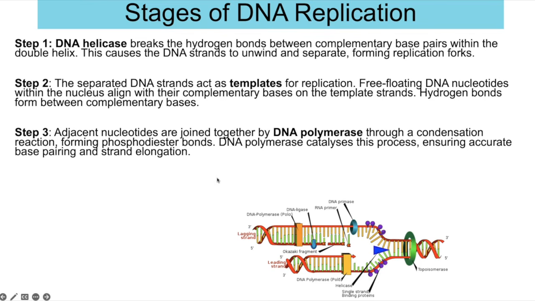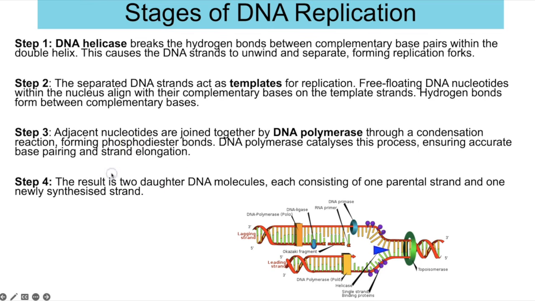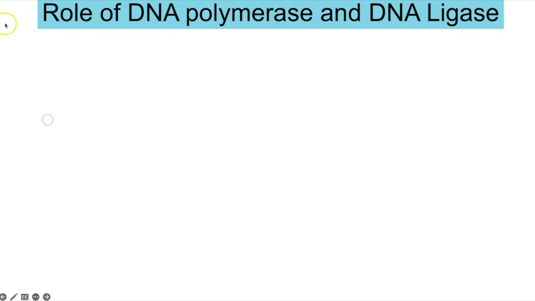And that is where the enzyme DNA polymerase comes in. DNA polymerase is able to join together those adjacent DNA nucleotides through the catalyzation of the condensation reaction, and it forms the phosphodiester bonds. And that then results in 2 daughter DNA molecules, each consisting of one of the original parental strands and one newly synthesized strand.